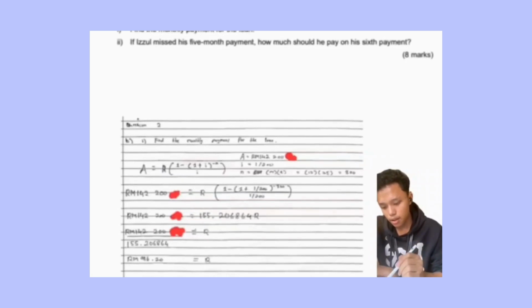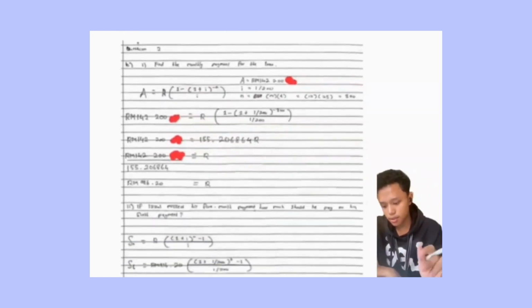So we got 155.206864 R. So we move this number to the left side. So 142,200 will be divided by 155.206864. So the answer for the monthly payment for the loan is 916.20. So now we look at the two Roman.